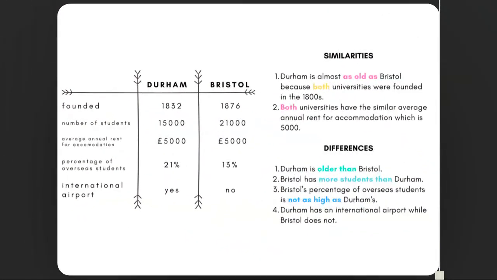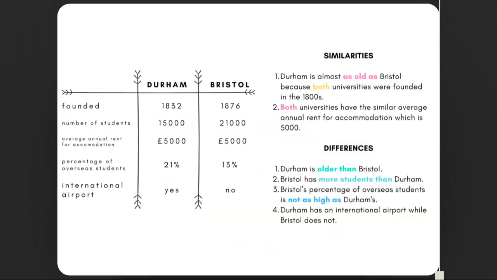Now, let's talk about the similarities first. The first similarity that you might have highlighted, or we can highlight, is Durham is almost as old as Bristol because both universities were founded in the 1800s. Now, in this particular sentence, there are two structures that have been used to describe similarities. The first one is the use of as blank as I've mentioned before.